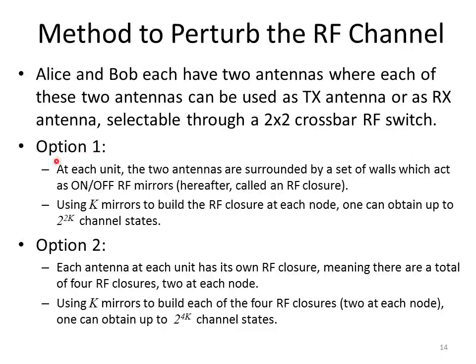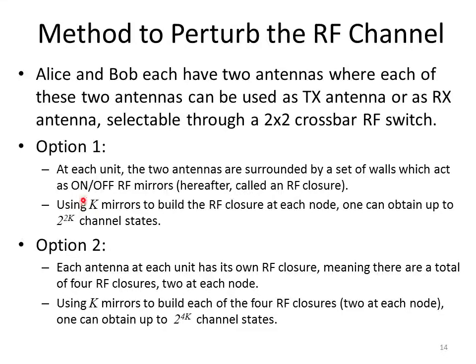This leaves us with two options. Option 1, at each unit, meaning Alice and Bob, the two antennas are surrounded by a set of walls which act as on-off RF mirrors, and we call this an RF closure. But the two antennas are within one RF closure.